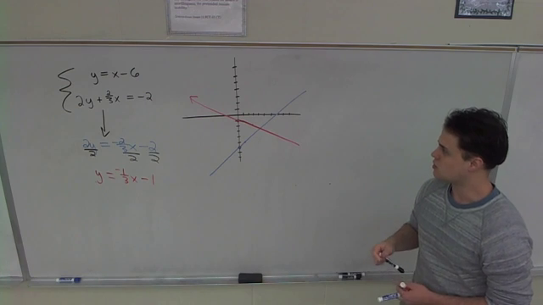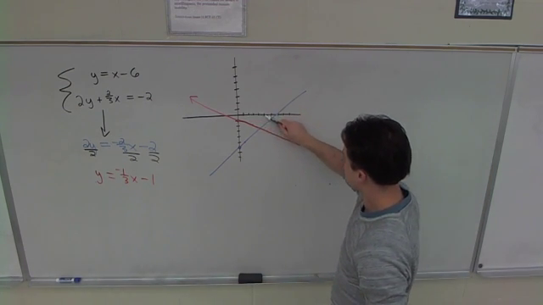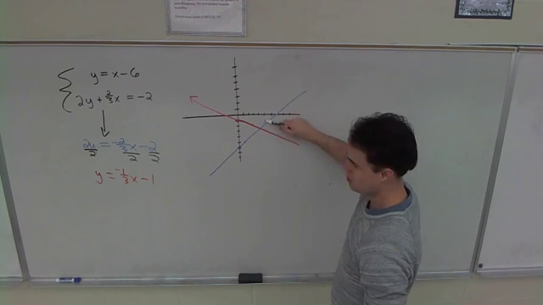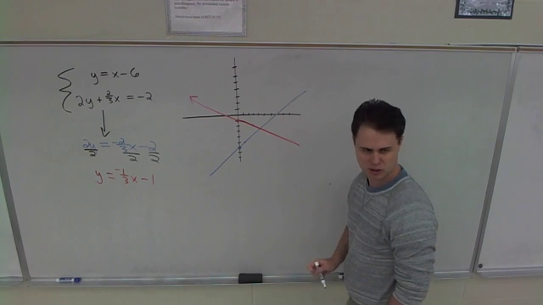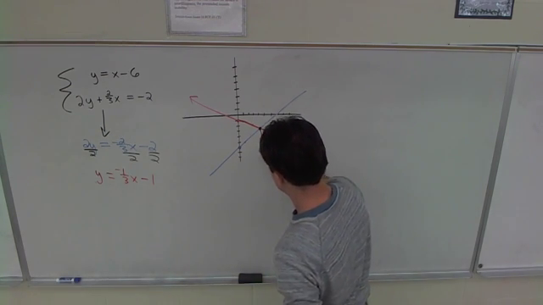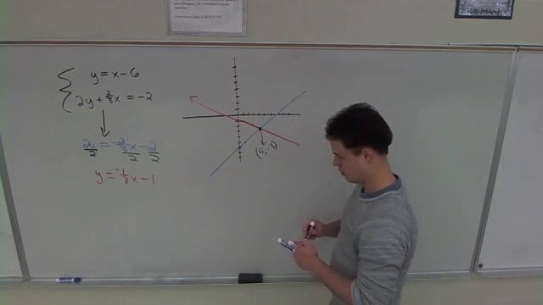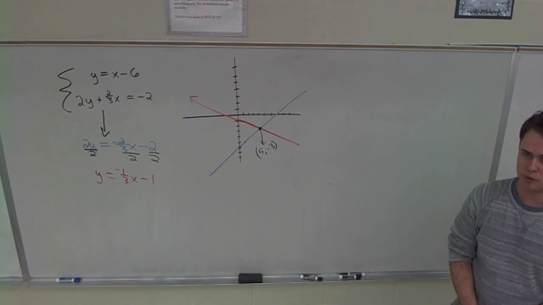So the solution to this system looks like it might be, let's see, 1, 2, 3, 4, 5-ish, and 1, 2, 3, so 5, negative 3, something like that. So I'm guessing that this is going to be 5, negative 3. So at least we should be close to that when we confirm it on our calculator.